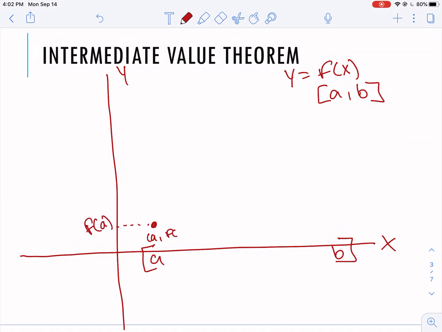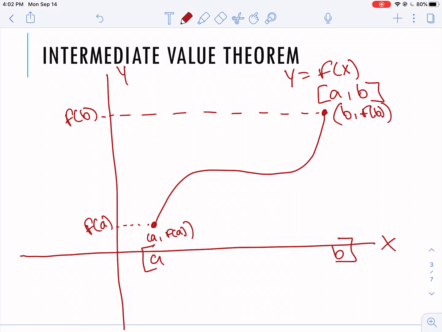I input a, so that's how I get f of a. Then we have this point over here, b, comma, f of b. And I don't know exactly how they're connected, so let's say they look something like this. There's my continuous function on the interval I'm looking at, a to b.